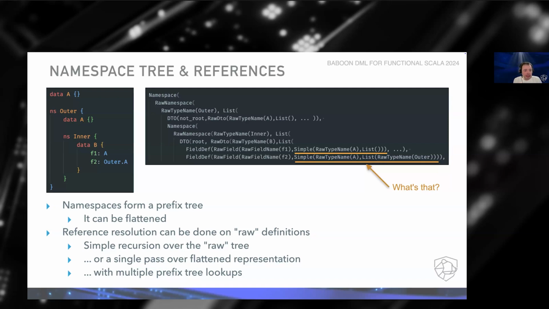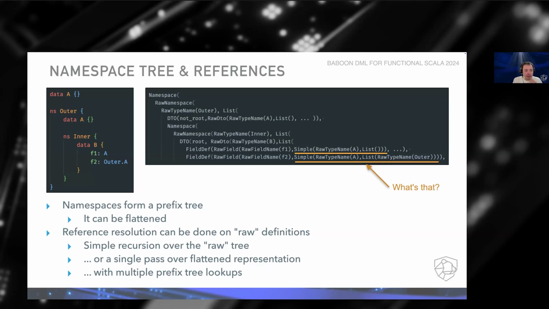On the slide, I have a top-level definition of a record named A, a top-level namespace named outer, which has another A defined in it. And also it has a nested namespace named inner with a record named B, which references some type named A in two different ways.